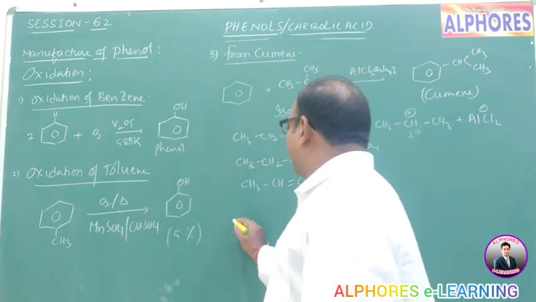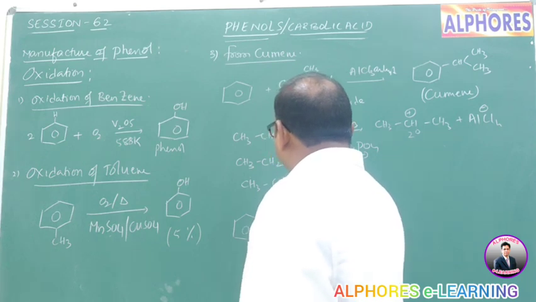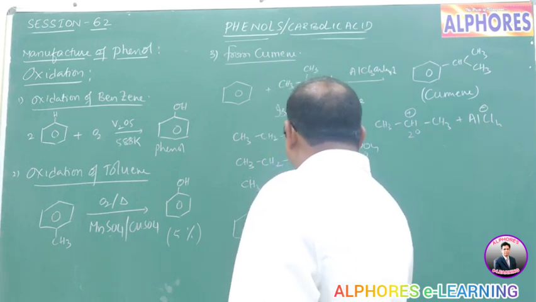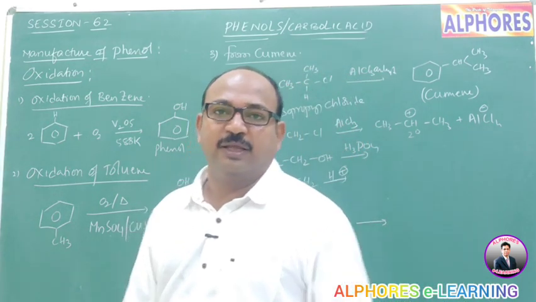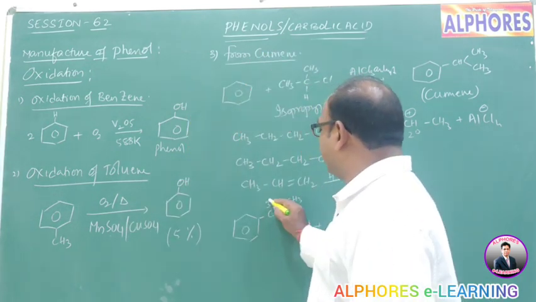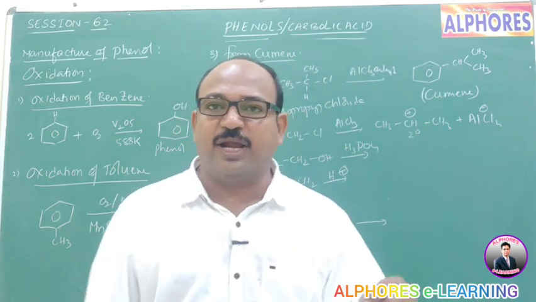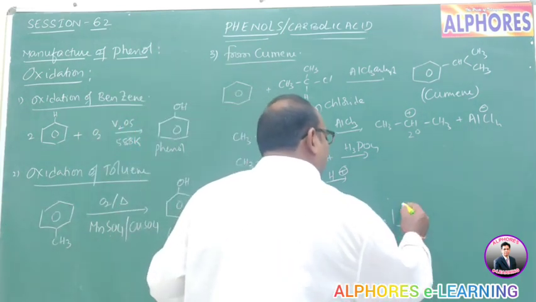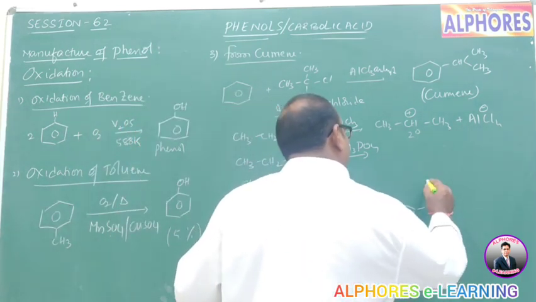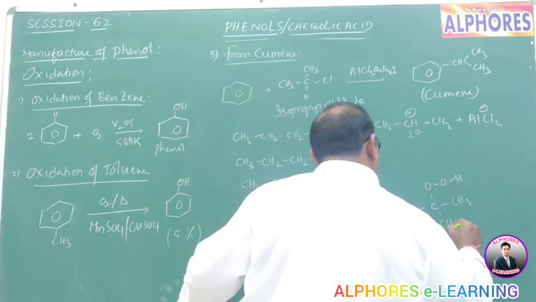After formation of cumene, it undergoes oxidation. Here, this carbon is a tertiary carbon containing hydrogen, which gets oxidized readily and converts into cumene hydroperoxide.